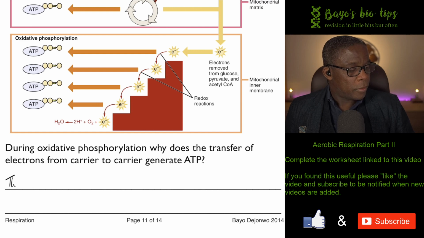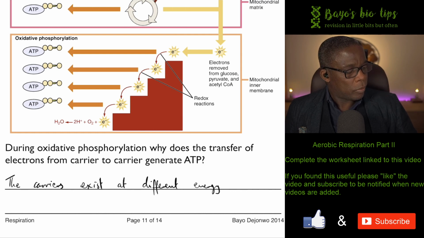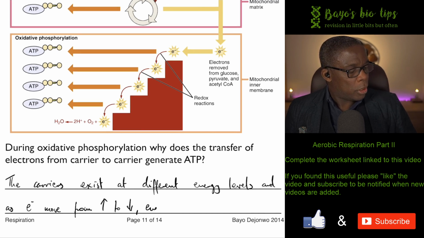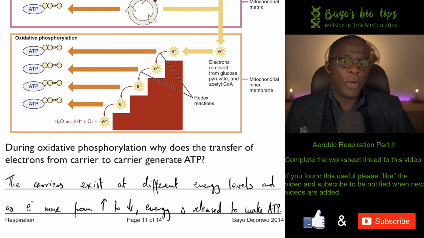This is because the carriers exist at different energy levels, and as electrons move from a higher energy level to a lower energy level, energy is released to make ATP. Okay, so that's a sort of summary of it.